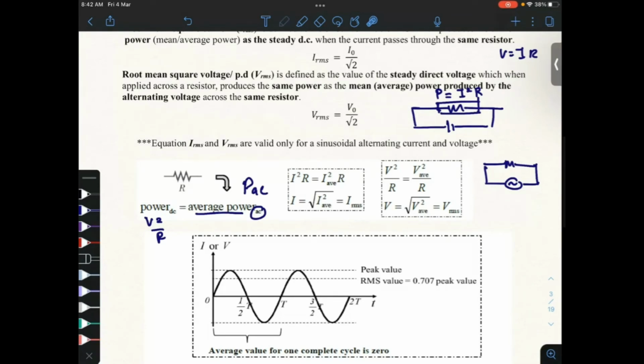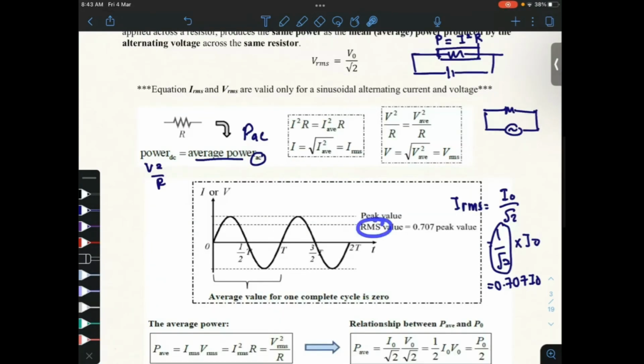This one because IRMS adalah I0 over set 2. So kalau saya tulis secara berasingan, this one. If you press your calculator for 1 over set 2, you will get the value as 0.707 of the I0. So IRMS kamu ni adalah 0.707 of the maximum value.